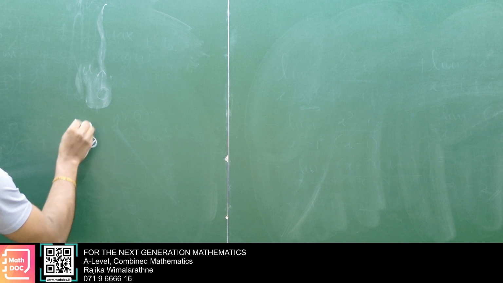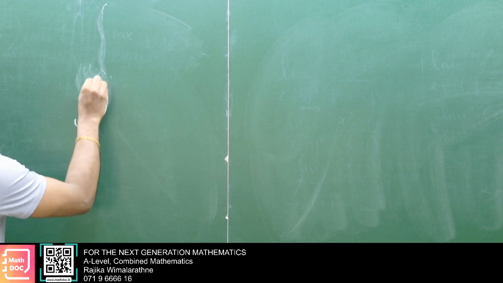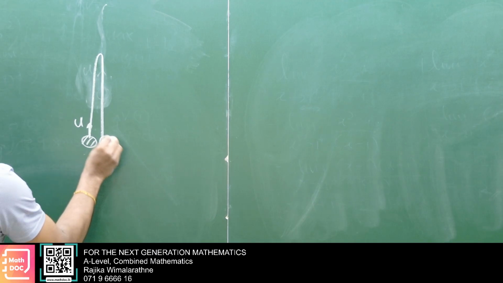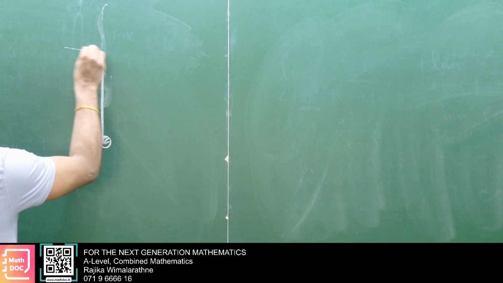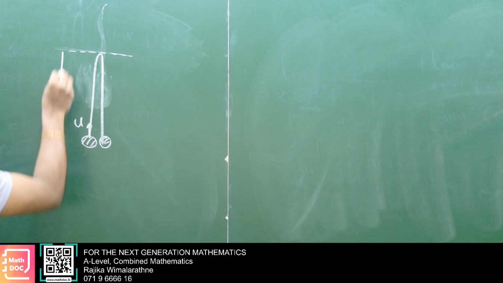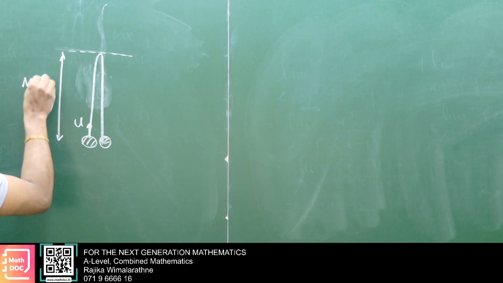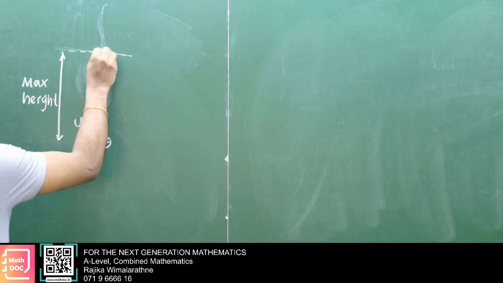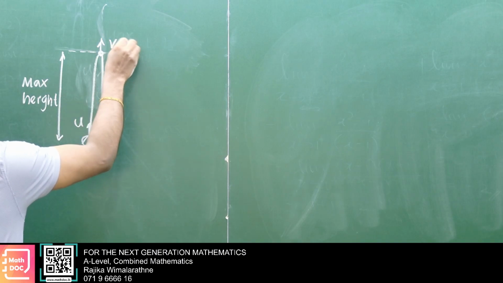Initial velocity u, same figure. So it goes like this. So here maximum height. Do with me. At the maximum height, velocity 0.